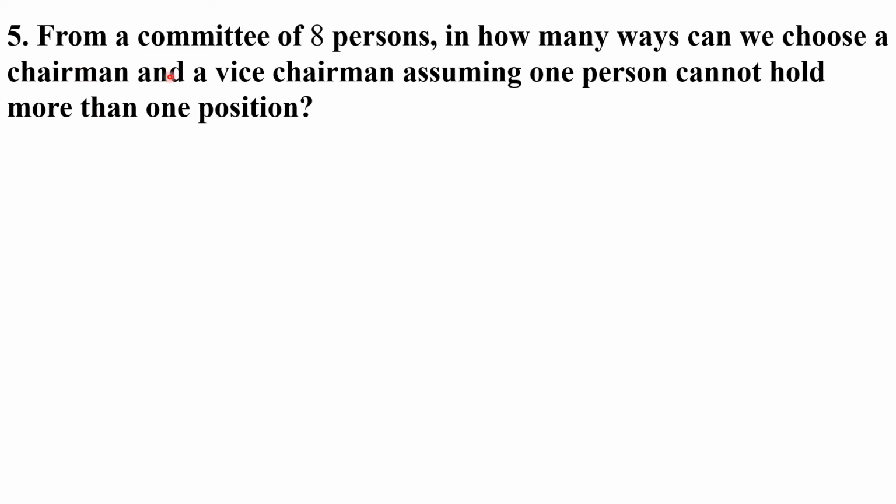We have to choose 2 persons out of 8 persons to fill these two positions, assuming that one person cannot hold more than one position. Understood this question, my children? Come to the solution part.